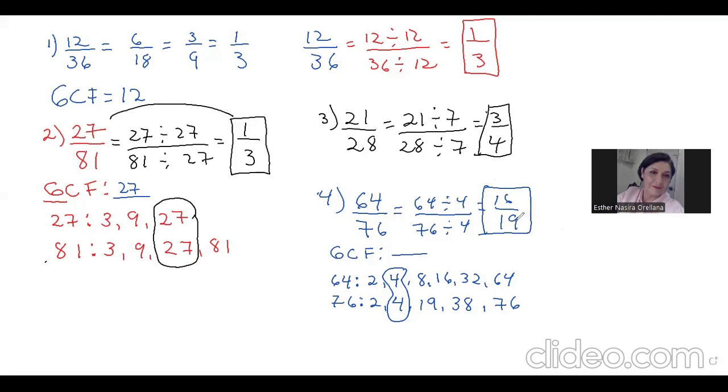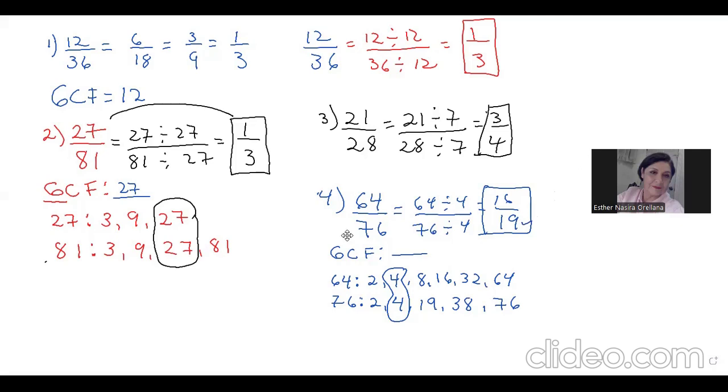Whenever I have a prime number or 1, that fraction is completely simplified. So 1 over 3 is completely simplified, same as in number 2. In here, 3 is a prime number, so 3 over 4 is completely simplified, and number 4 also, because 19 is a prime number.